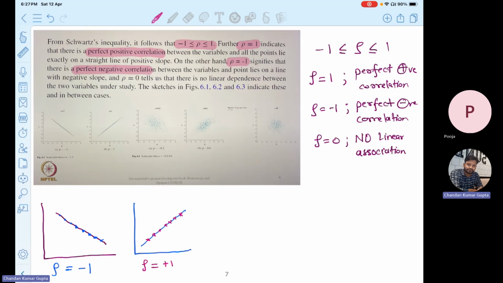Also, there are scatter plots, and the scatter plot indicates which type of correlation is there.